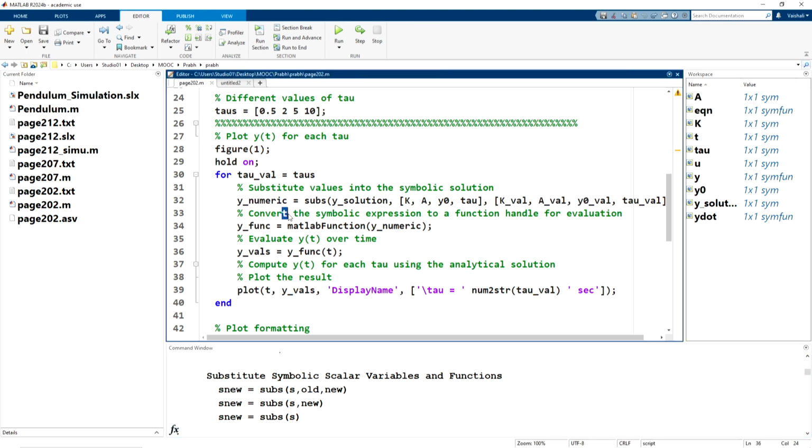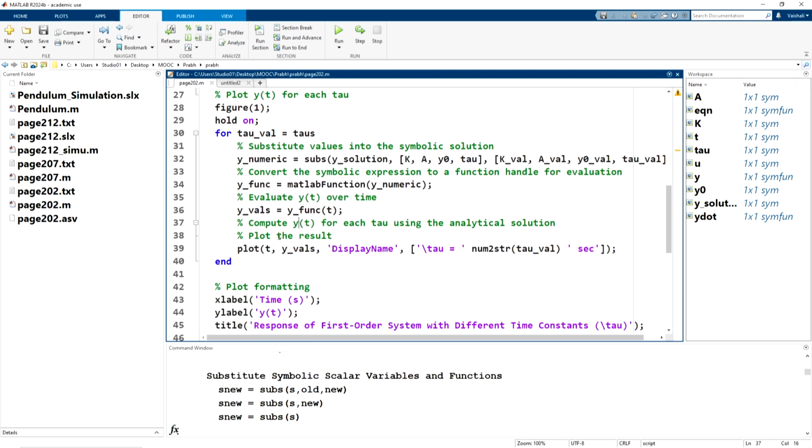Then after this we need to convert this symbolic expression to a function handle for evaluation. That can be done by simply writing matlabFunction and in brackets y numeric. Then finally we evaluate y of t over time, y vals equals y function of t, and then we plot t comma y vals.